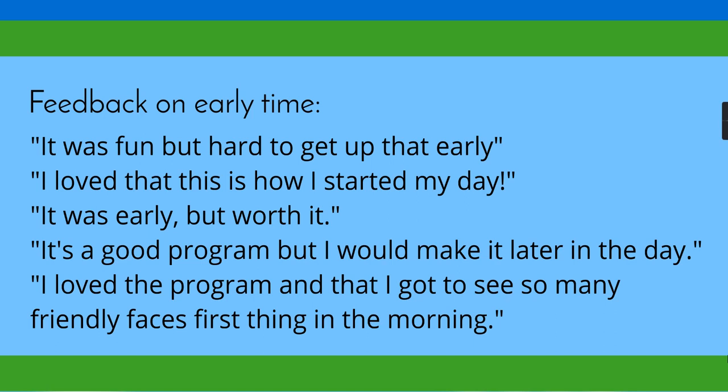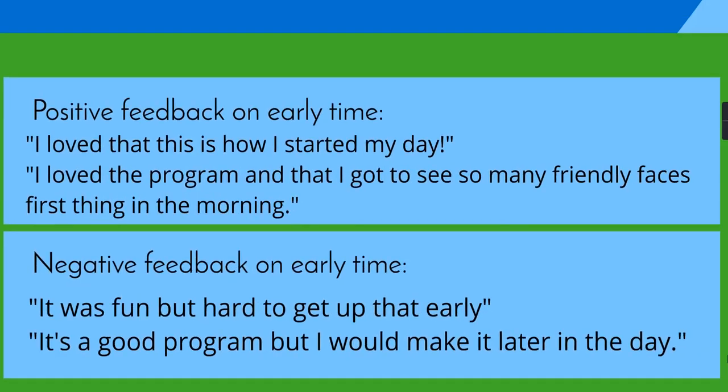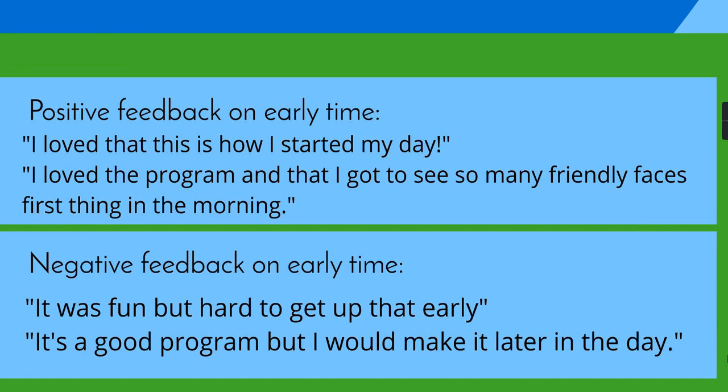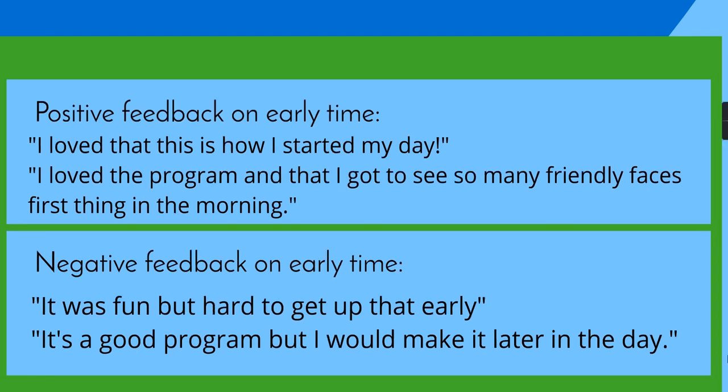So, if a program used this category and had a lot of answers, they could create subcategories. For example, positive feedback for how early the time was, negative feedback for how early the time was, or just mentioning that the time was early in general. Then, facilitators can draw conclusions based on how many answers are in each of these categories.